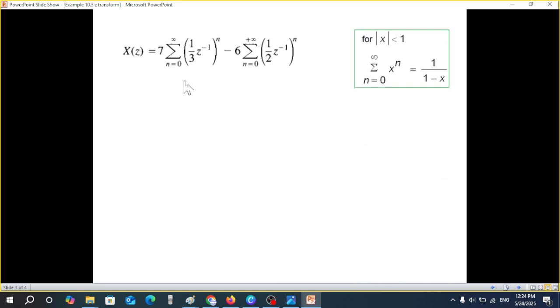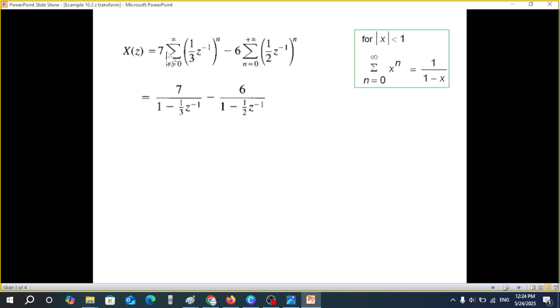So now these are the two signals, and we have already learned that if the mod of x is less than 1, then the summation of x^n can be written as 1 over 1 minus x. This I have explained in the previous two videos. We will follow this formula here. This is our x in this case, and this is x in the second case.